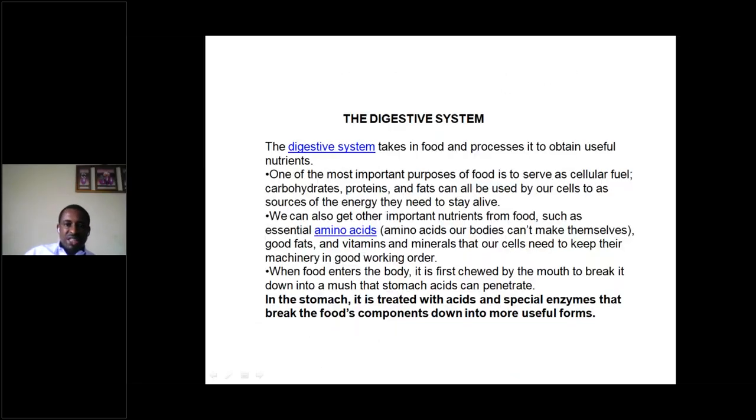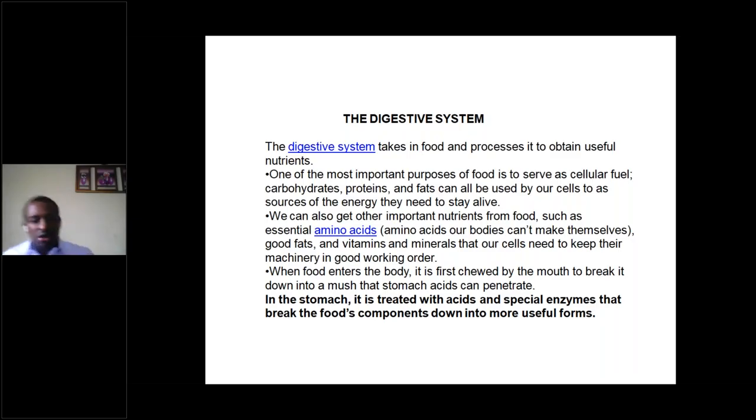So we look at the digestive system. This is the system that is responsible for us getting the nutrients that the body runs with. One of the most important purposes of food is that it serves as cellular fuel. The same way your car needs fuel, your cells need fuel. So the food we eat, the carbohydrate, the protein, the fat, are used by the cell as a source of energy to keep alive.